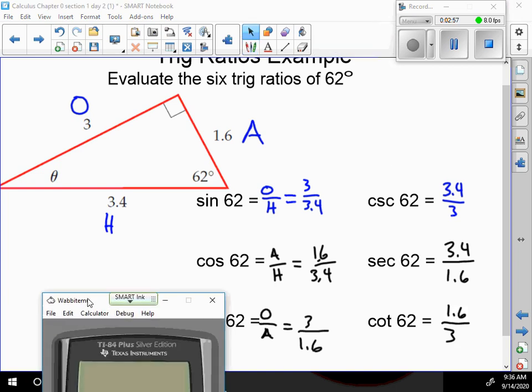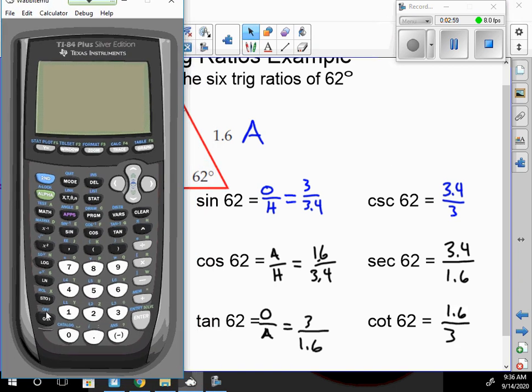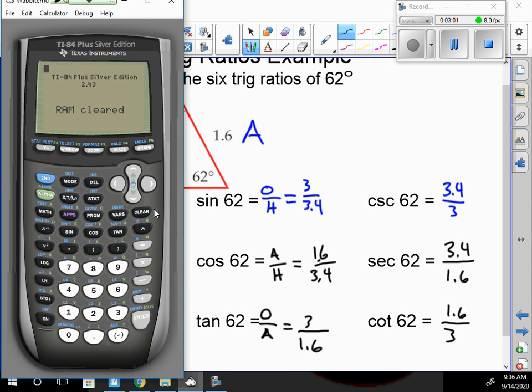Now I can pull up my calculator here. Click on, and I can start calculating these values. It would help if I didn't have the marker pressed. 3 divided by 3.4.